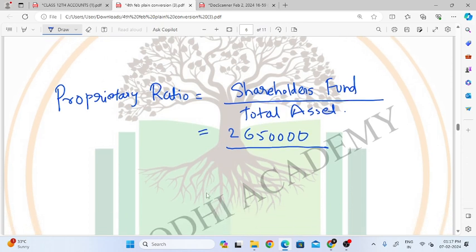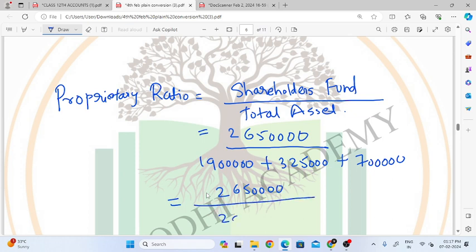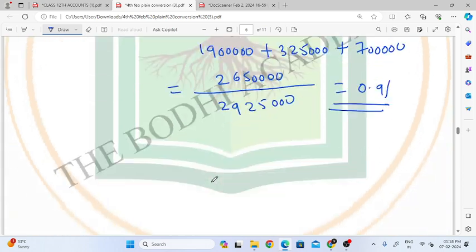So plus 325 plus 7 lakhs. So which comes to, divided by 2925 plus 0, which comes to 0.91. Okay, so this is your proprietary ratio.